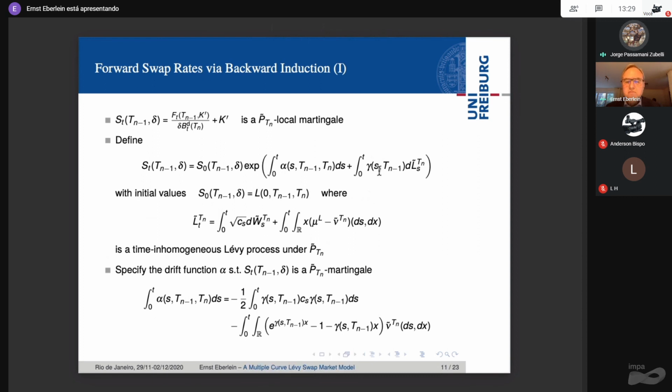So what happens if it's not deterministic, if you have random volatility? Then the analysis becomes even more involved because, of course, this stochastic integral here in the first step is still a process with independent increments. In the following steps, you lose independence anyhow, but the analysis would become somewhat more involved. I admit this, but it is possible.